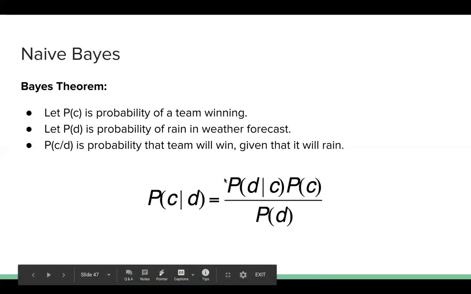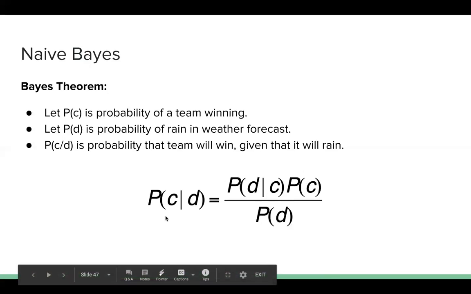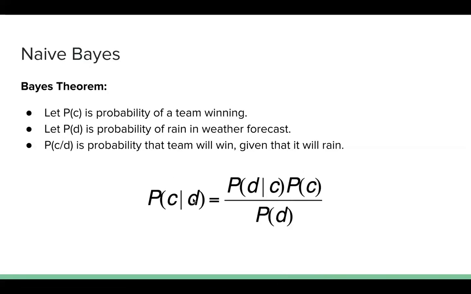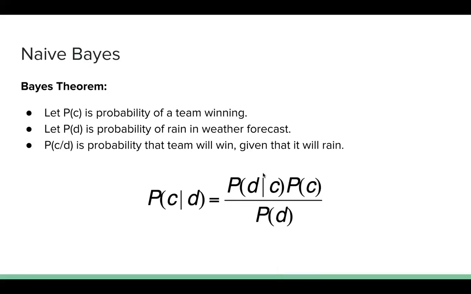In other terms, P of C by D is called the posterior probability, the one that we try to calculate. P of D by C is called the likelihood, that is, the likelihood of mapping the evidence to a particular class. P of C is called the prior probability, since we know the probability of this particular team winning; it is prior information that we have.